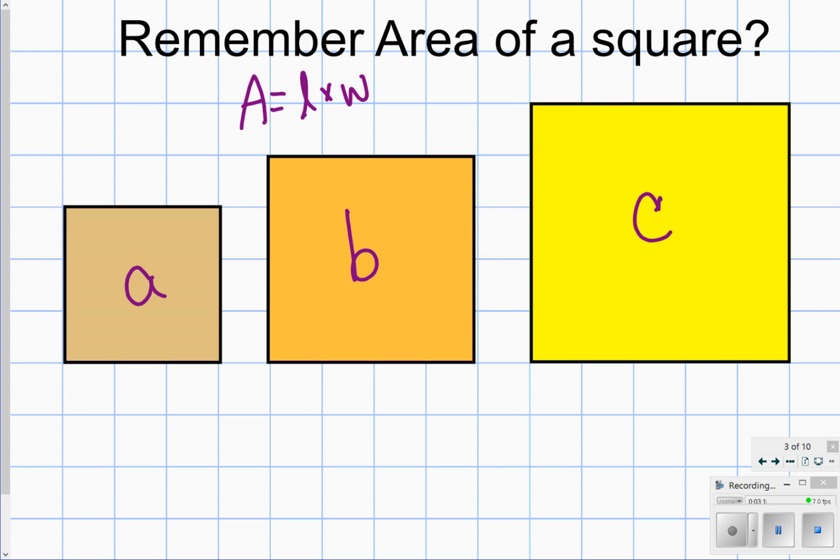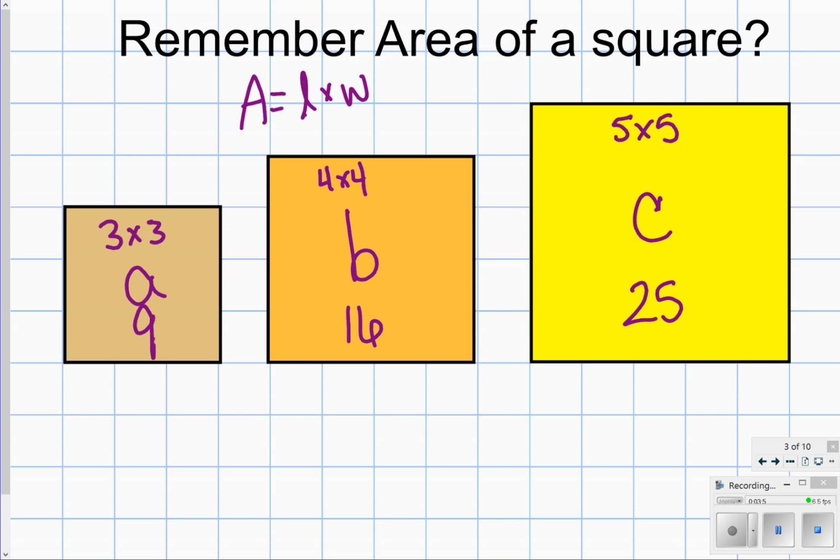Now, in this square right here, square A, it's a 3 by 3 square, so that means the area of square A is 9. And square B is a 4 by 4 square, so the area of square B is 16. And if we look at the area of square C, we see that it is a 5 by 5 square, and that makes 25.